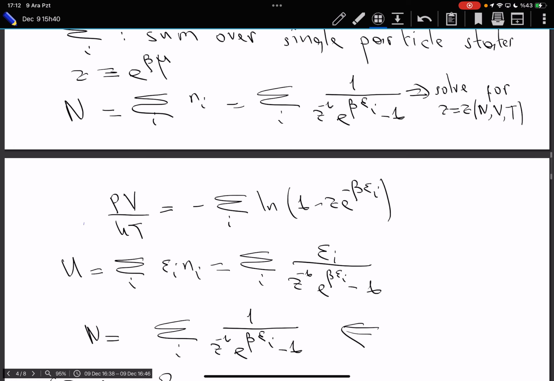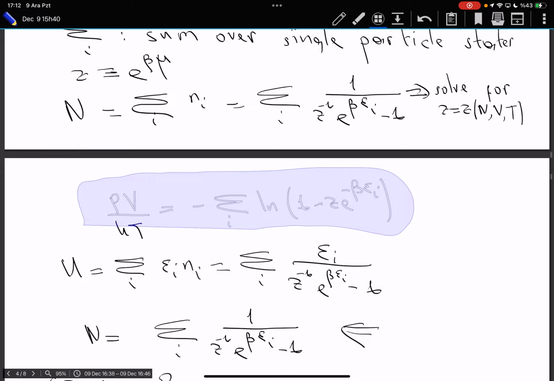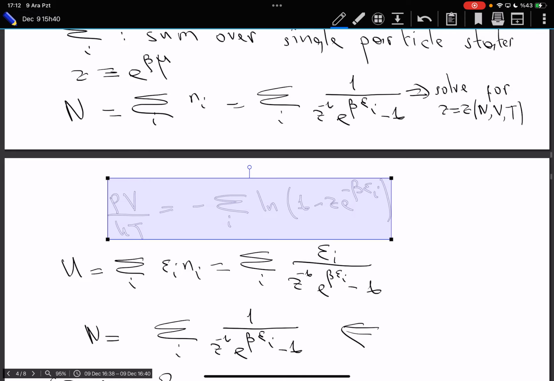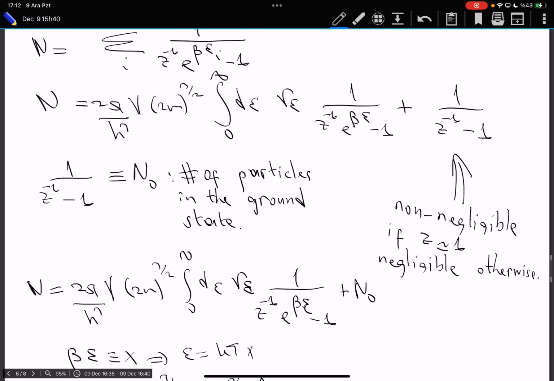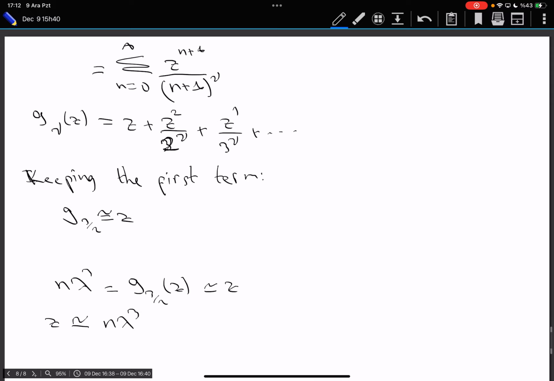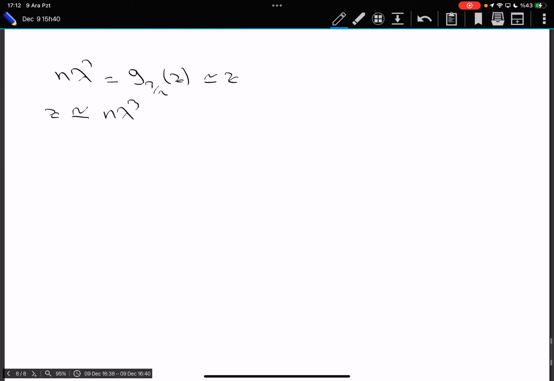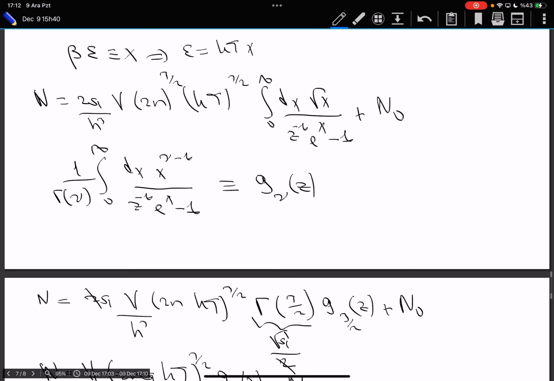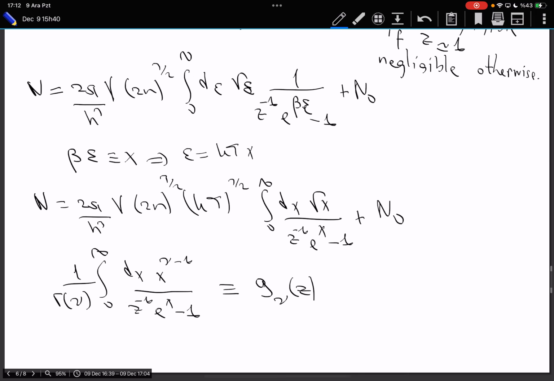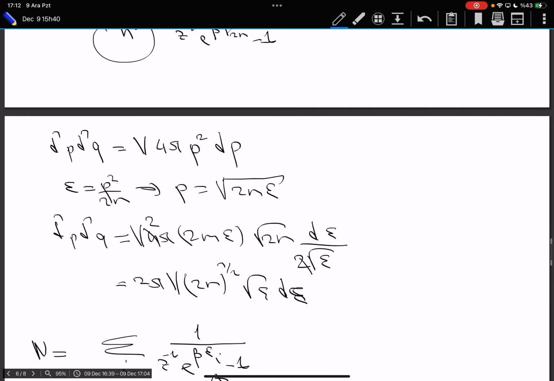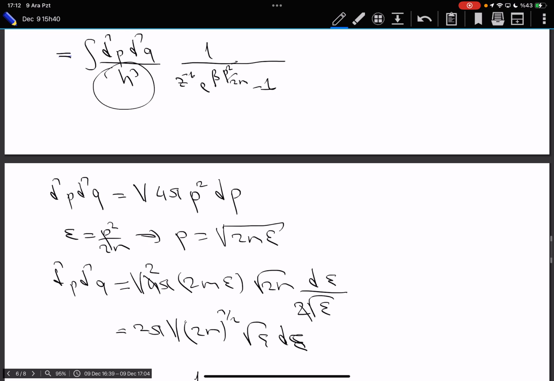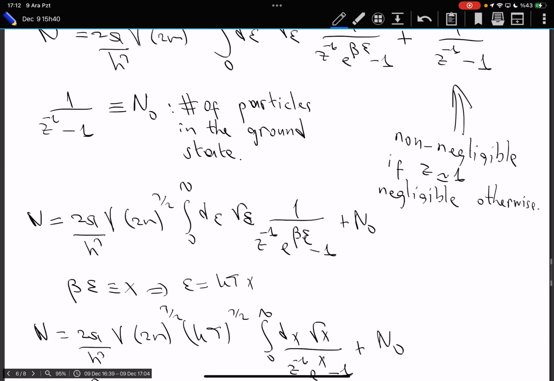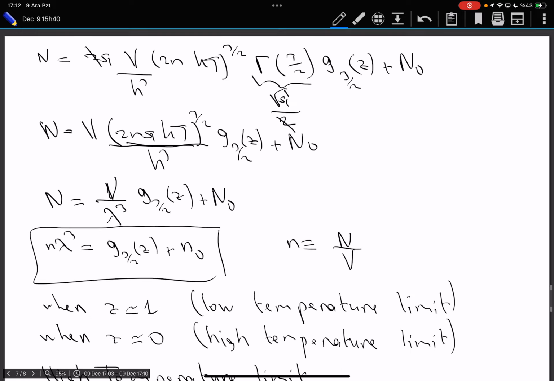You see, this is what I have. I can basically repeat whatever I did over here for the number of particles. I first need to write the summation over single particle states in terms of dp and dq, and convert everything to this g nu.